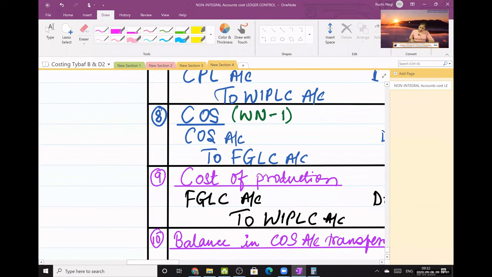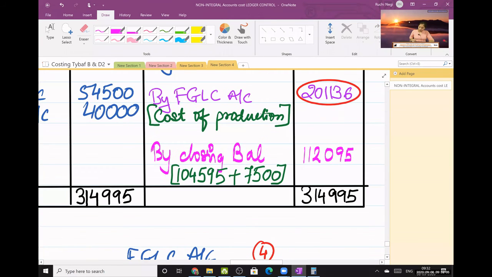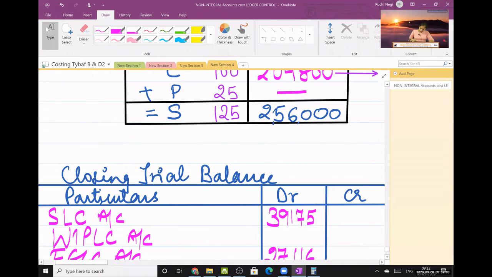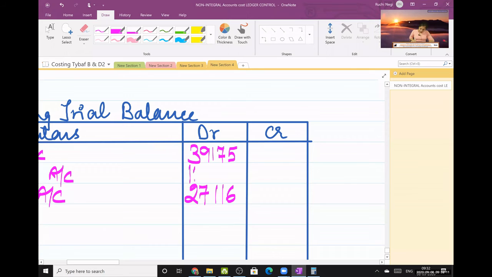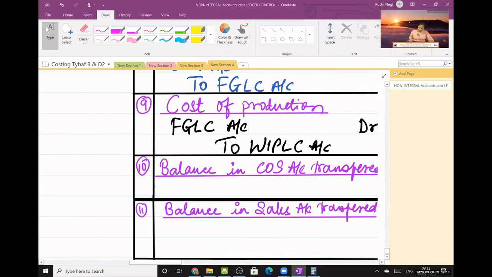Write the closing of WIP also. How much is the WIP closing balance? 1,12,095. 1,12,095. Yeah. Next.